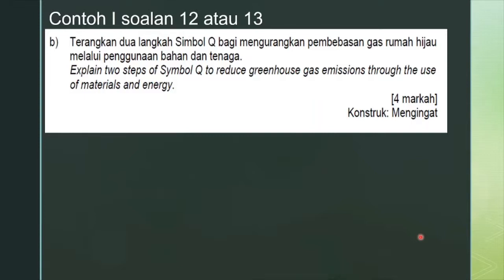The English. Explain 2 steps of symbol Q to reduce greenhouse gas emissions through the use of materials and energy. Untuk soalan yang kedua ini, dia menguji konstruk mengingat ya, mengingat juga. Baik, kita teruskan.